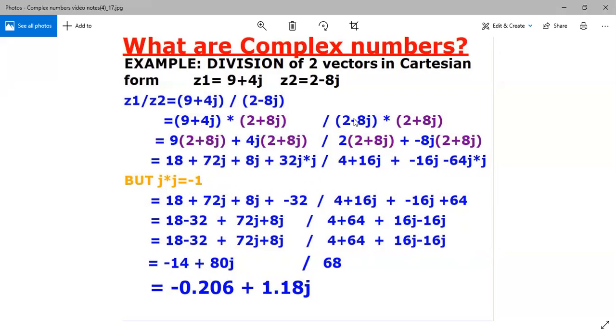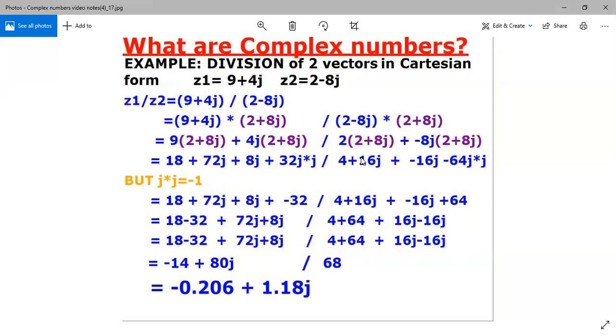We look at the denominator and do exactly the same process. 2 times 2 gives us 4, 2 times 8j gives us plus 16j, minus 8j times 2 gives us minus 16j, and minus 8j times plus 8j, minus 8 times plus 8 gives us 64, but it's minus 64, and you've still got the j times j.